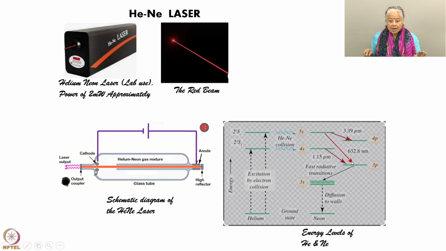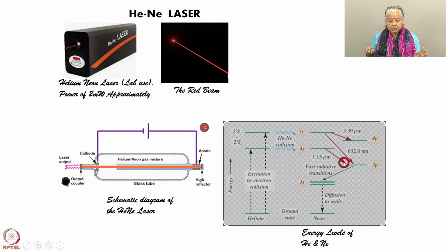Okay. But at the same time, from 5s it can even go to 4p. 4p is also kind of empty. This is more populated. You do have a population inversion between these two levels, and this is 3.39 micrometer, and one more possibility is from 4s to 3p.